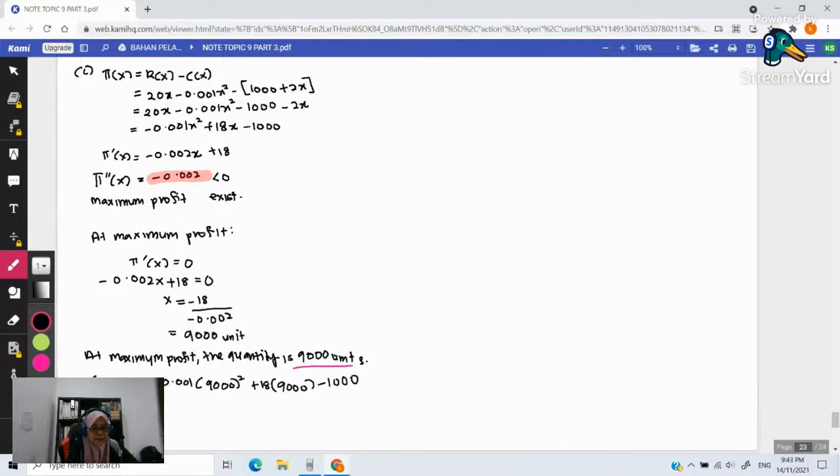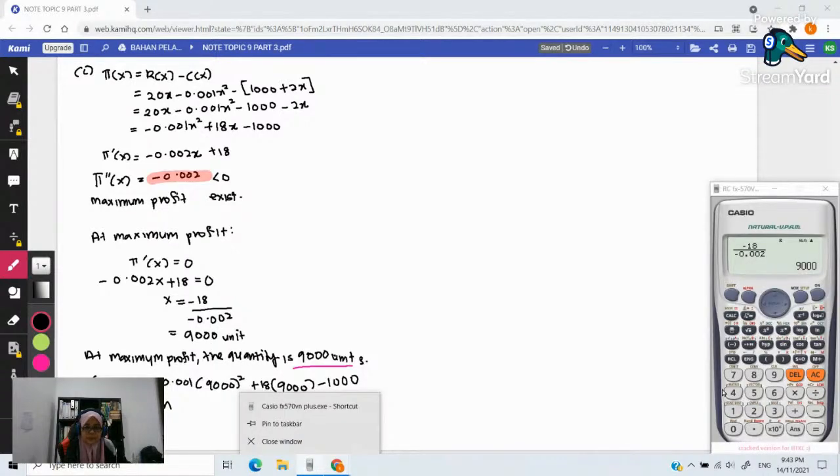We calculate using the calculator. The answer is equal to 80,000.